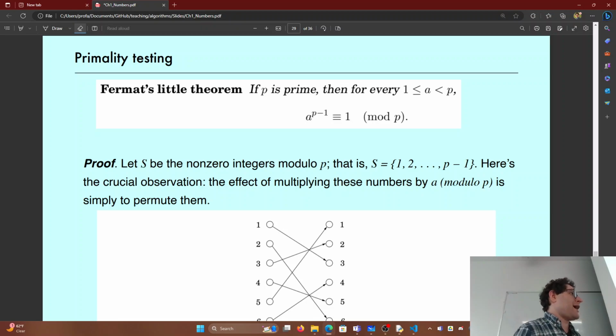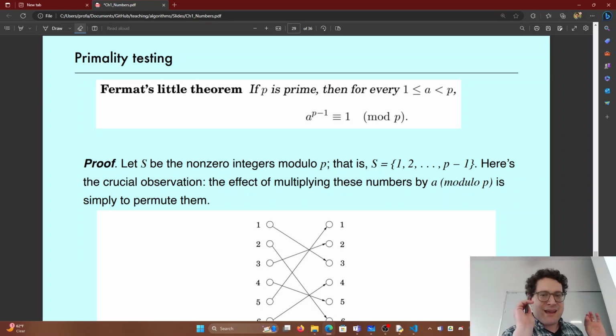Fermat has a couple of theorems that sound very similar. Fermat's little theorem, which has been well known for a long time, and then we have something called Fermat's last theorem, which only got solved in the 1990s.